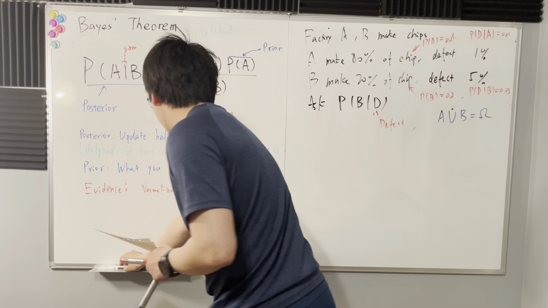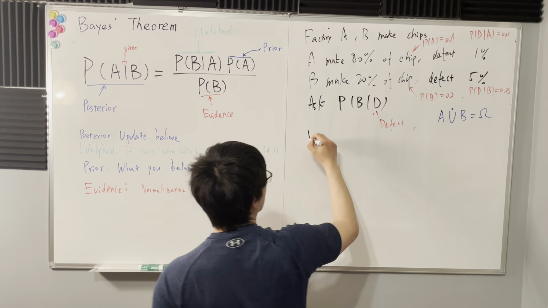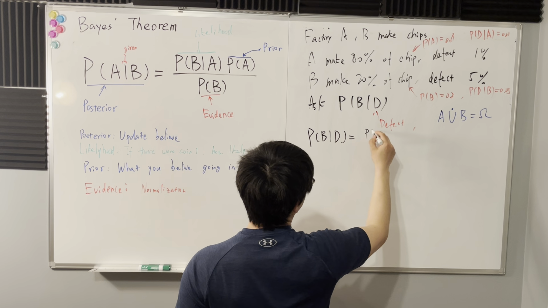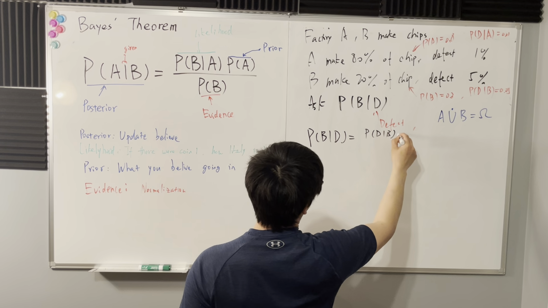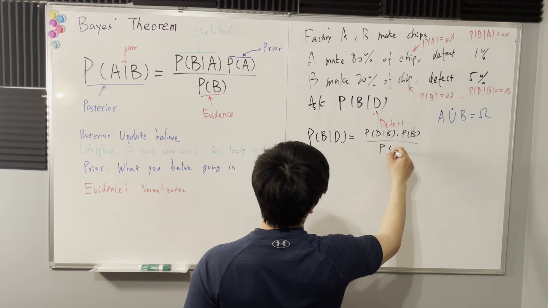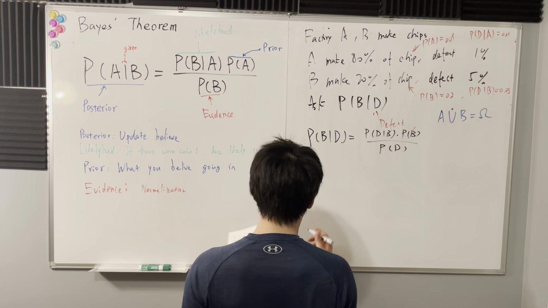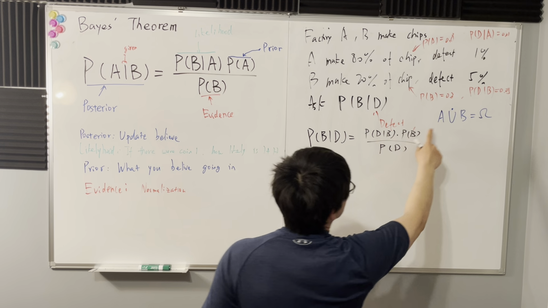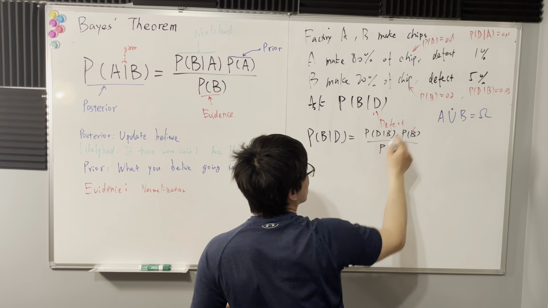Using our formula, it will be P(D|B) times P(B) divided by P(D). So we have this, we have this, we don't have this.